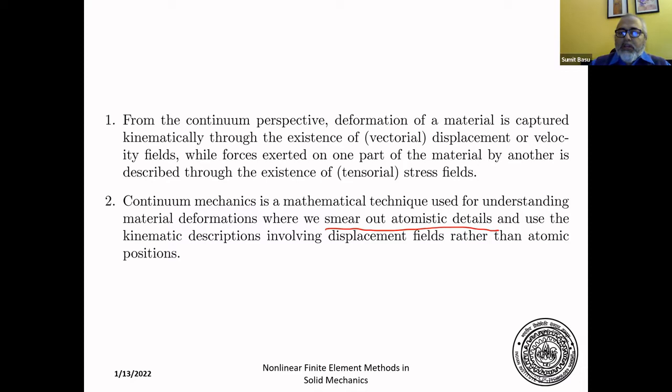Okay, so when we don't see the atoms, we have a bunch of points that are connected to each other, which make up a body, and at every point we have the existence of displacement or velocity fields which are continuous, which means that they change by small quantities if you move by small distances.